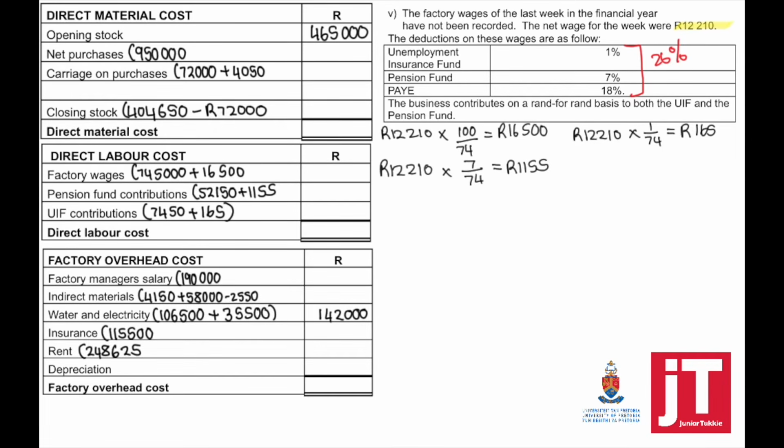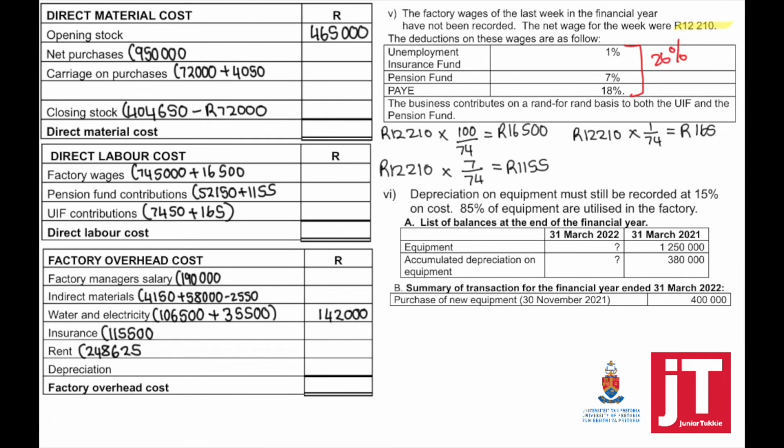And that must be added to the UIF contributions. Once you've calculated the gross, you could have used the gross as well to calculate the pension fund contribution and to calculate the UIF. Remember, pay as you earn: we do not contribute towards the pay as you earn.